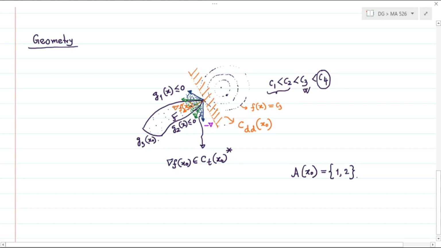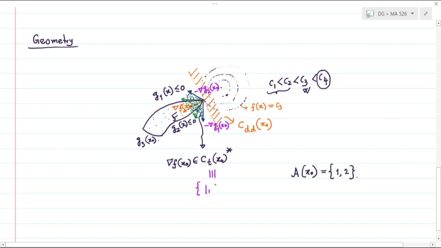Fine. And obviously then this extreme direction, which is perpendicular to this green line, is grad of g1 at x0. Similarly, this blue line, this other extreme direction of the dual cone, is minus grad of g2(x0). Fine. And therefore this dual cone is the set of all positive linear combinations.